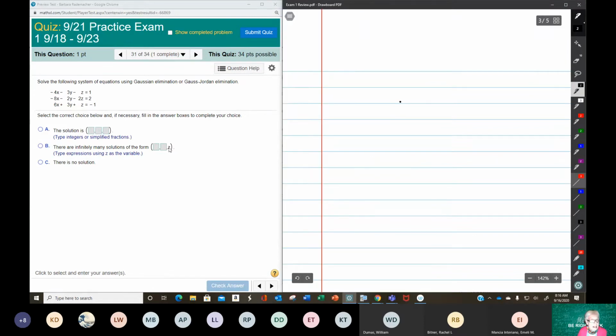All right, here we have a system of 3 lines in 3-dimensional space. We're finding where they intersect, and that of course means we're going to use a matrix. Negative 4x minus 3y minus z equals 1. Negative 8x minus 2y minus 2z equals 2.